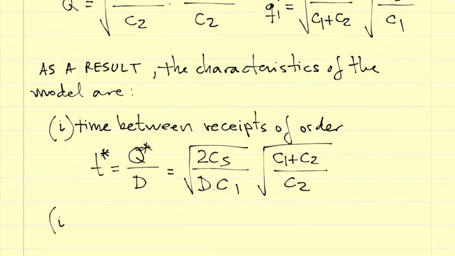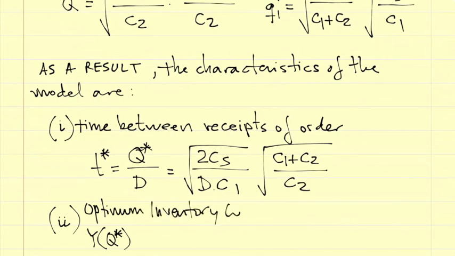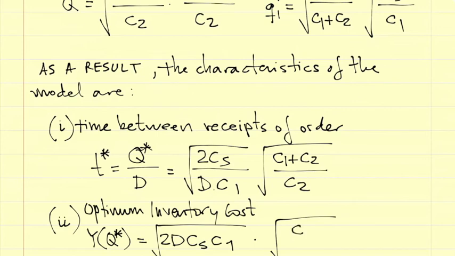The total optimum inventory cost equals square root of 2D CS C1 times C2 divided by C1 plus C2.